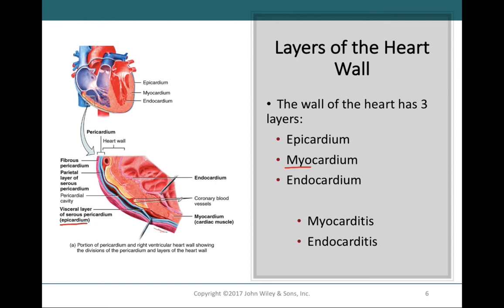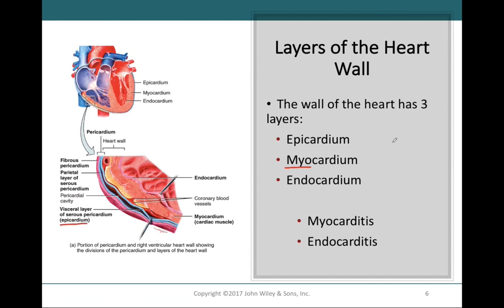The endocardium is going to be lining the inside of the heart chambers, and this will be the layer that contacts the actual blood that is found within the heart. Now, myocarditis refers to an inflammation of the myocardium, and endocarditis refers to inflammation of the endocardium.